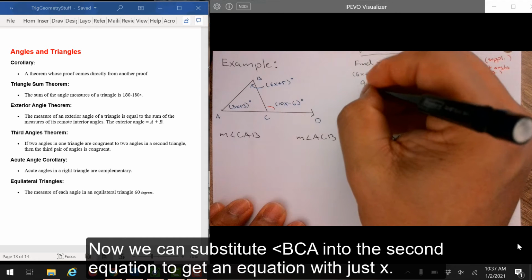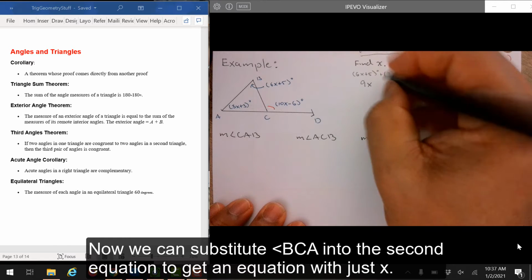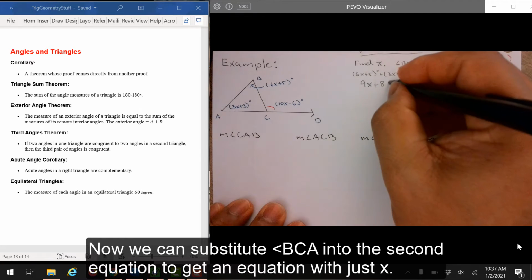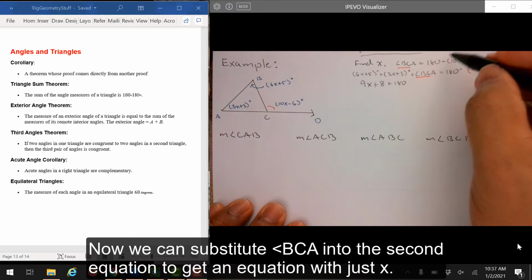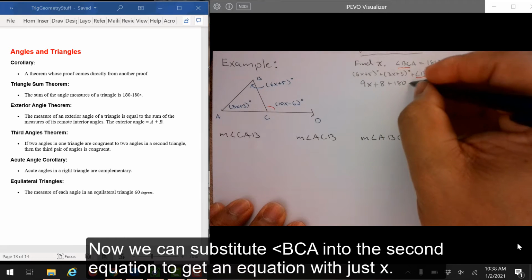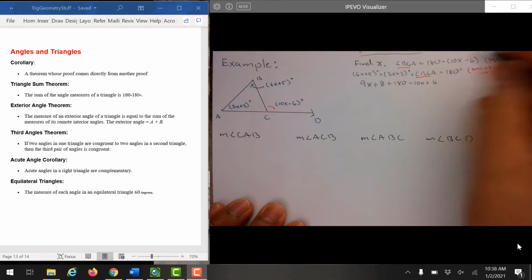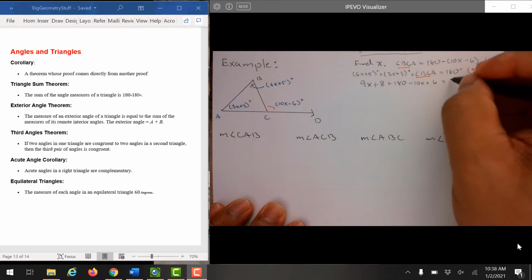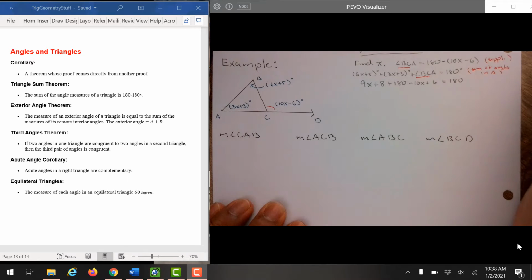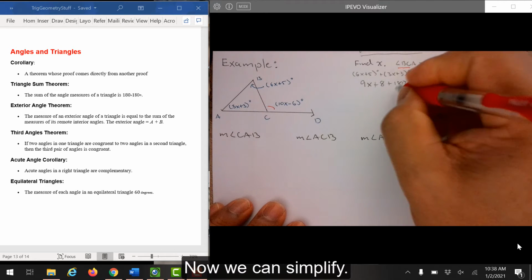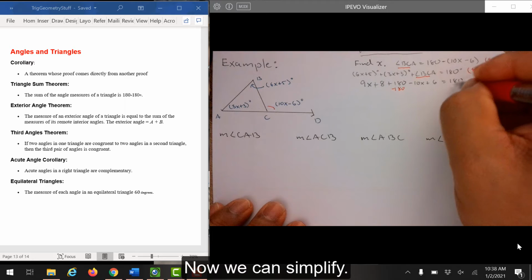Now we can substitute angle BCA into the second equation to get an equation with just x. Now we can simplify.